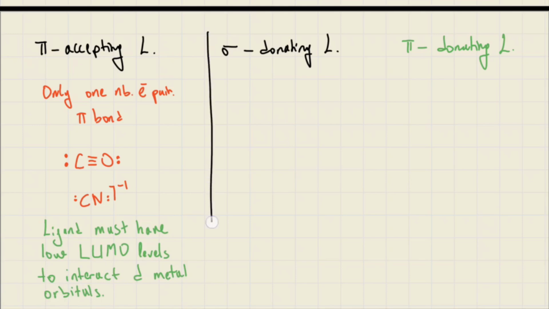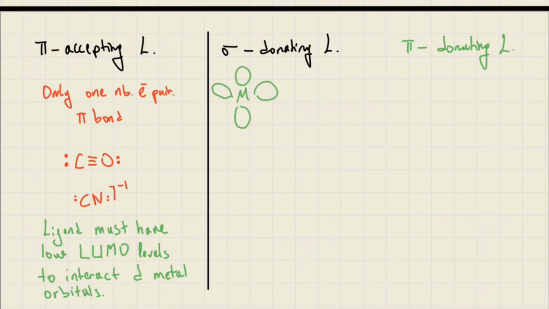So this is the pi accepting ligand, and we also have sigma donating ligands. For sigma donating ligands, we have only one non-bonding electron pair, or just a pi bond or a sigma bond. So sigma donation ability is very easy to understand, since we have orbitals on the metal center, and a ligand, if it has a lone pair, can donate its electrons.